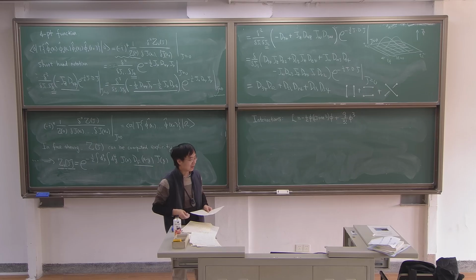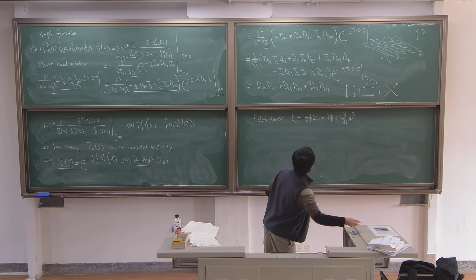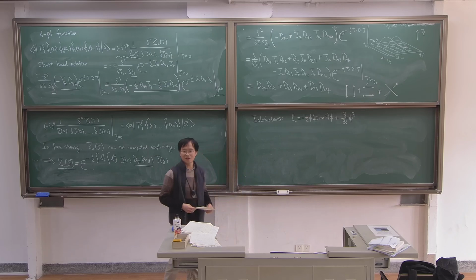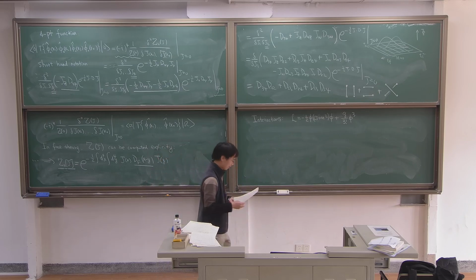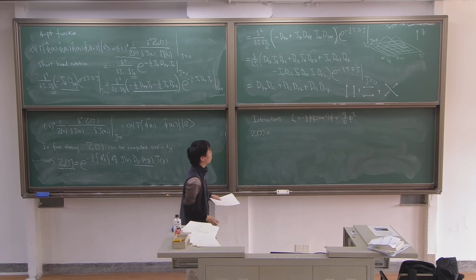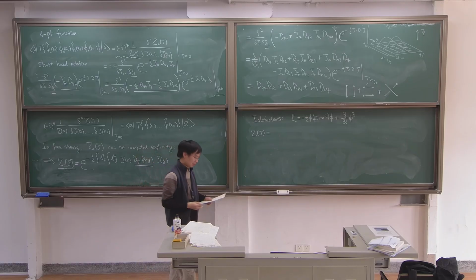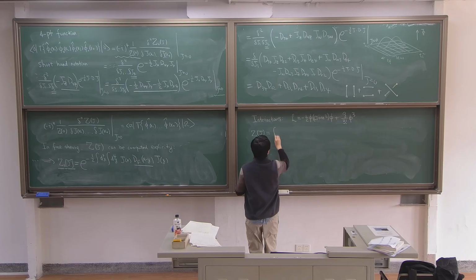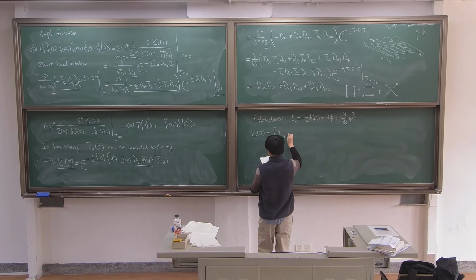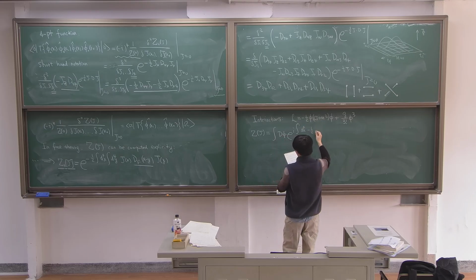Now we want to use these completely new tools to calculate this one. And the first thing we always have to ask is, what is the Zj? What is the generating function for this interacting theory? That should be the integral over phi of e to the i integral of this Lagrangian, right?